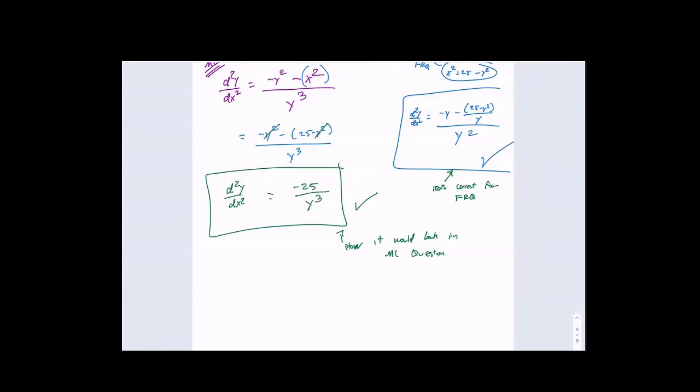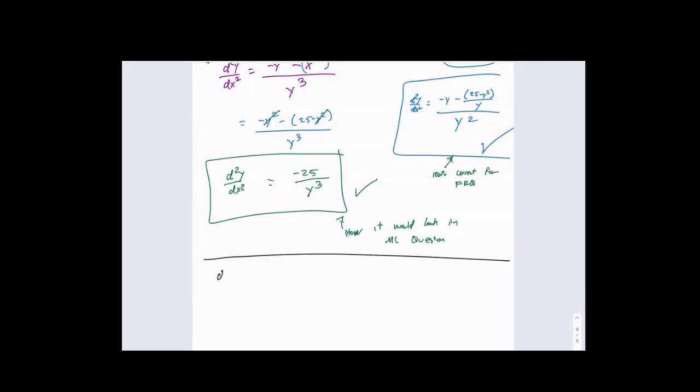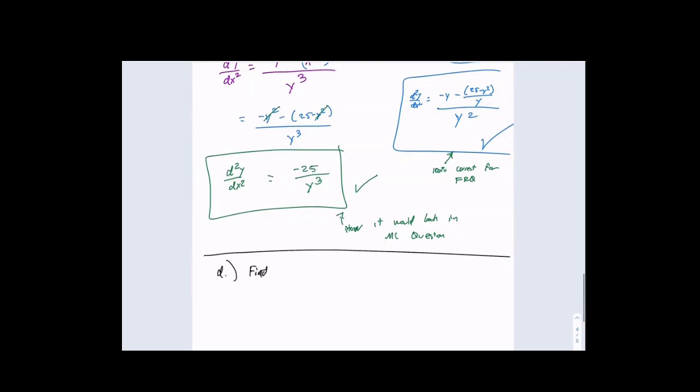Now, I do want to point out that you can use other letters. It doesn't look like I have enough time, so I'm just going to do question D right here. I'll do it just like the homework does it.